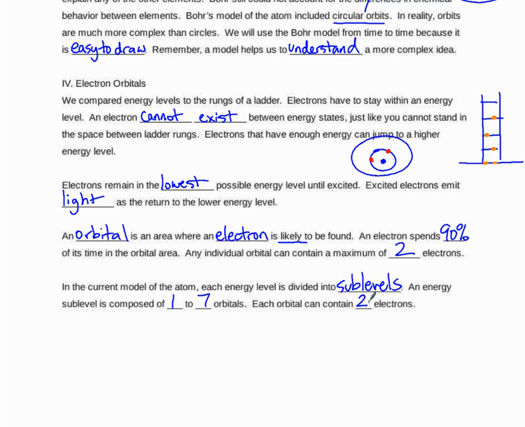So I'll give you a quick sketch here. Let's look at an atom, we'll use neon. Let's do the Bohr model. So here's neon, and neon has 10 electrons.